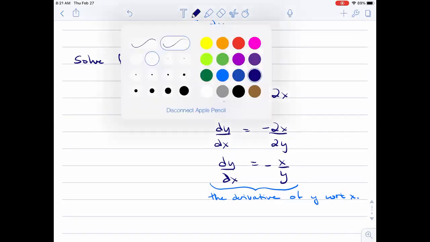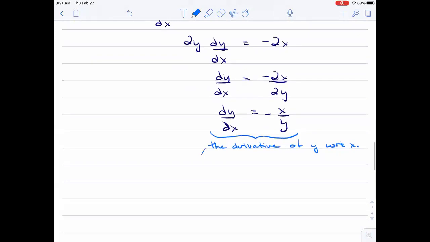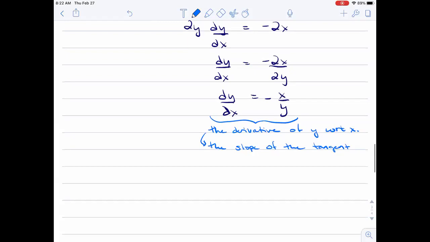Which I guess I can add. The slope of the tangent line at x, y.